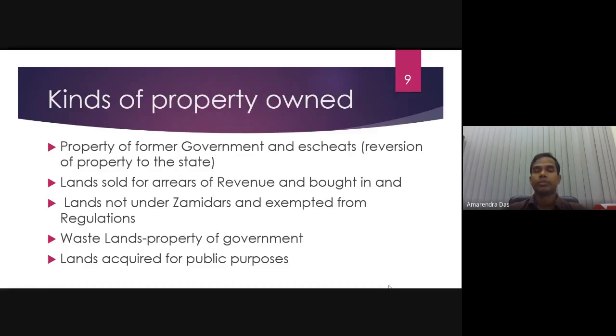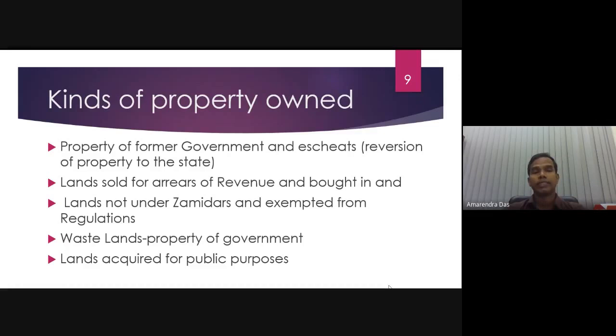Basically, if somebody could not pay the arrears, that land would come back again to the government of the king. And then lands not under zamindars and exempted from the regulation, and then waste land, property of the government, and then land acquired for public purpose.